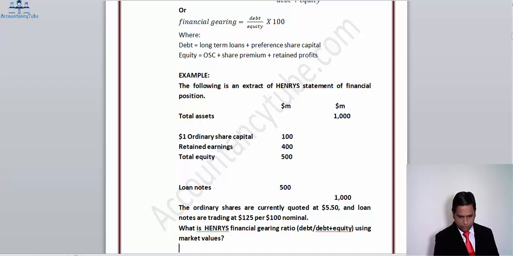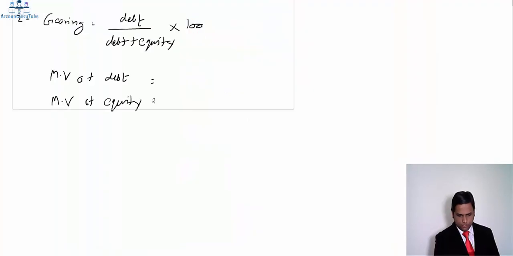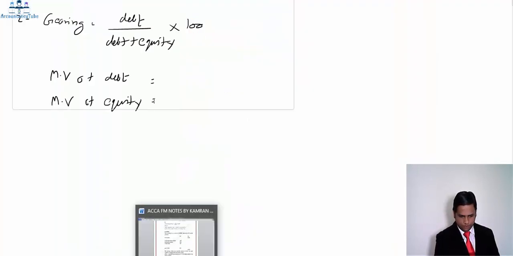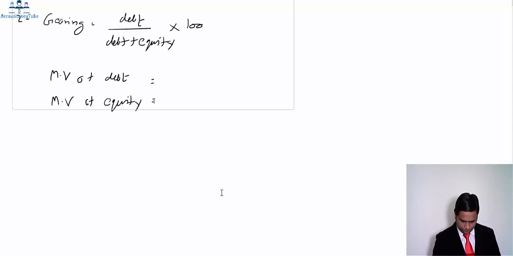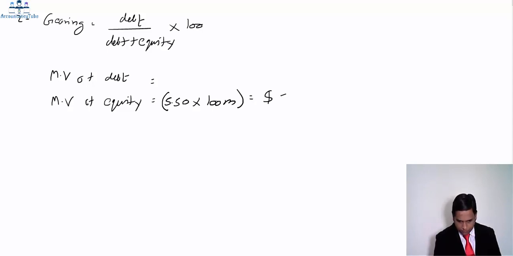So it's as simple as that. 5.50 multiplied by 100 will give us the answer for equity. This becomes $550 million.